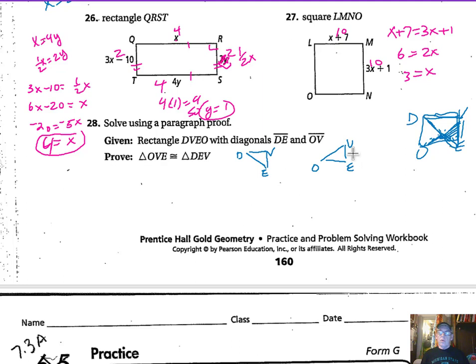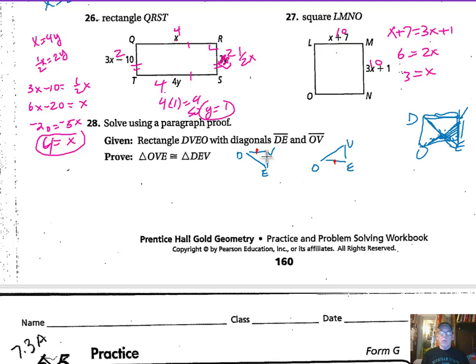Well, really what we have is these opposite sides are congruent. So in the proof, we could bring out that those two sides are congruent to each other. Where'd my drawing go? So what that gives us is that this side and this side are going to be congruent because opposite sides in a rectangle are congruent to each other.